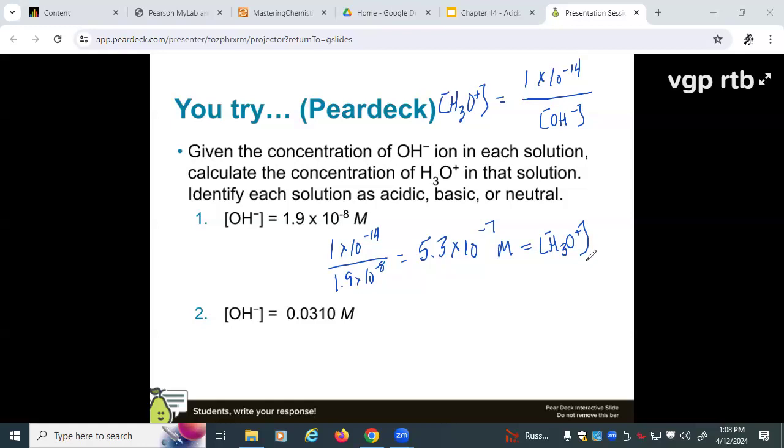Now, to answer this second question, is it acidic, basic, or neutral? We have to compare. Is the value that we just calculated bigger or smaller than the hydroxide? Which number is larger? This one or this one?